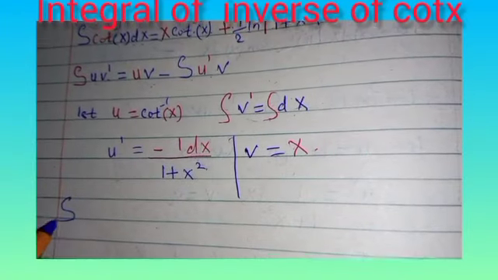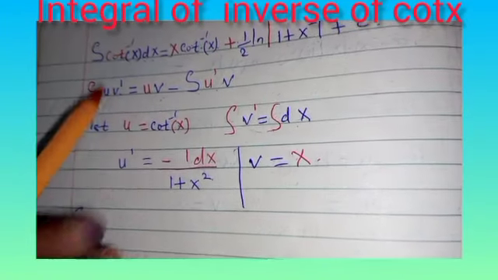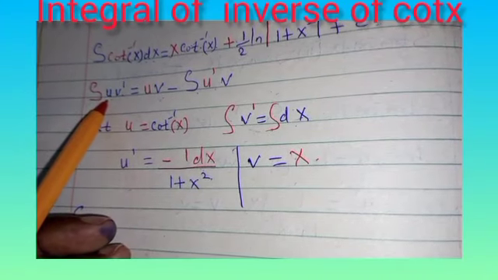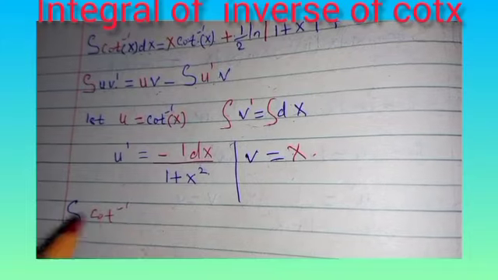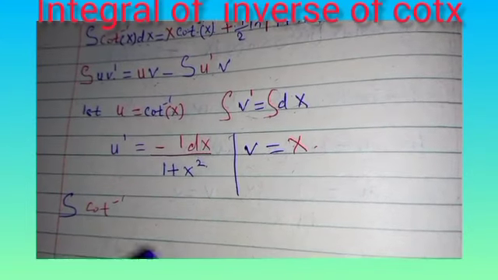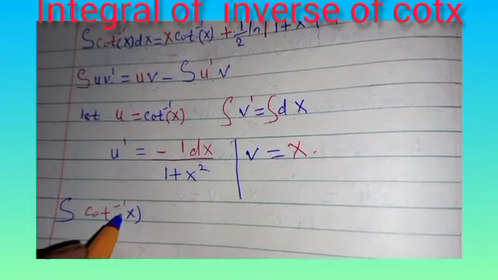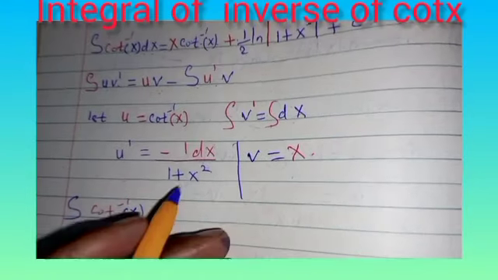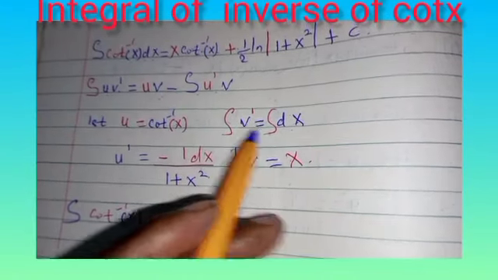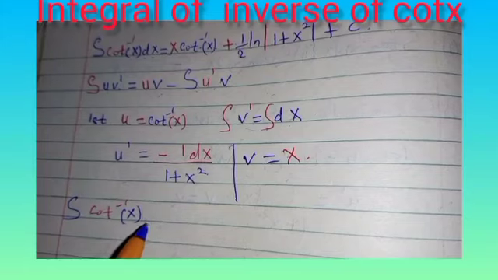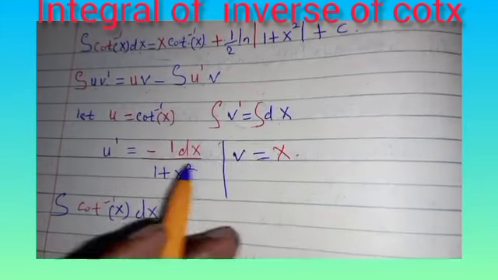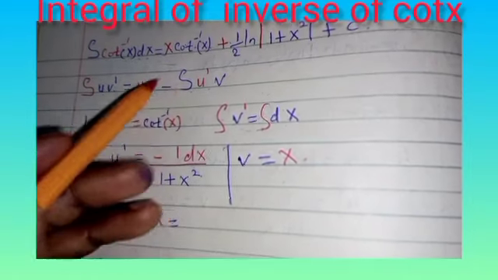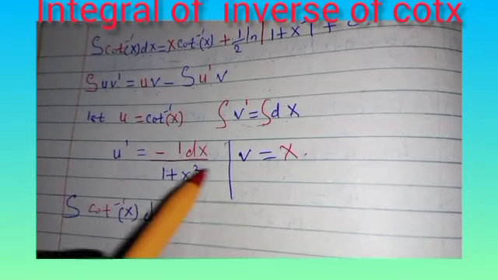So the integral, instead of u, we are going to write cot inverse of x, multiplied by our v prime. Our v prime is dx. Our u is this one, and our v is that.